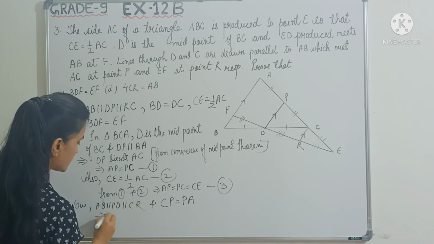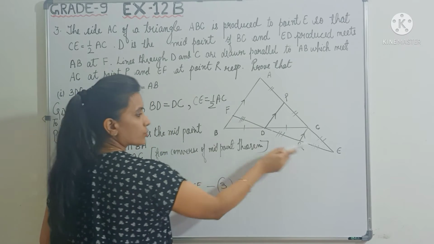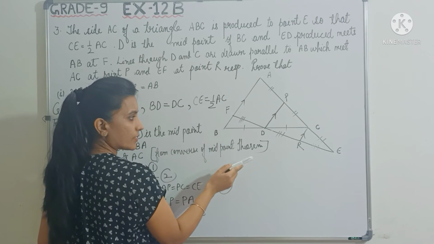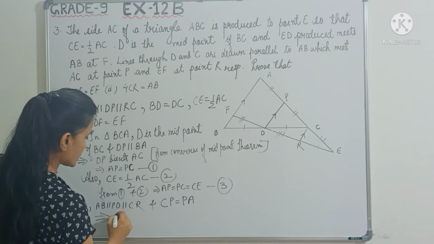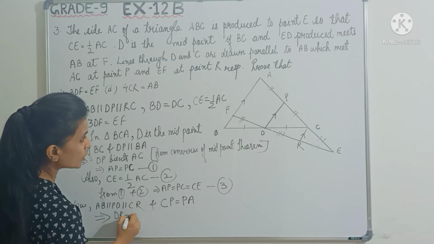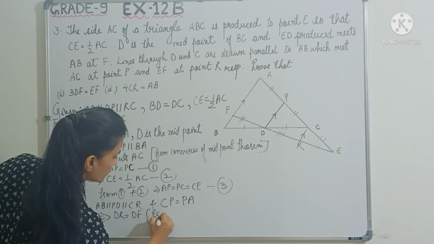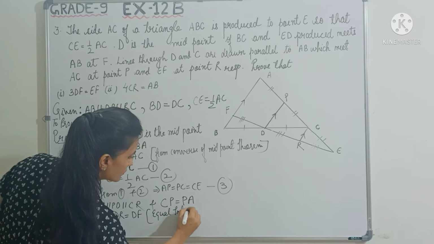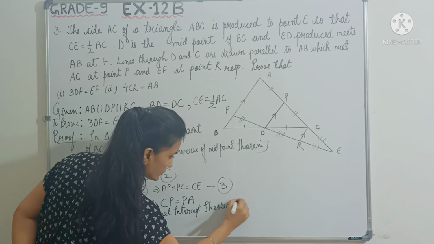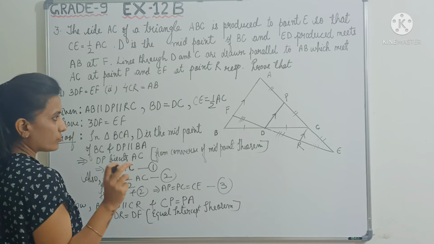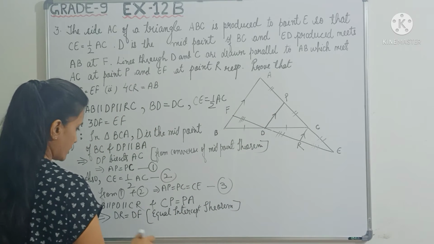This implies even EF, this is a transversal, right? So even EF will make equal intercepts on these three parallel lines. It means DR will be equal to DF, right? So this implies DR will be equal to DF from the equal intercept theorem. Okay, so we have shown that DR is equal to DF, right? So you can name this as 4.